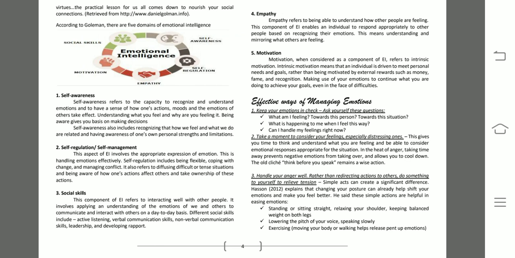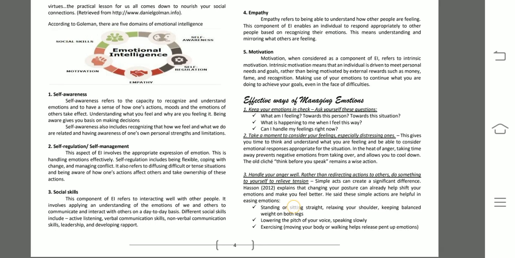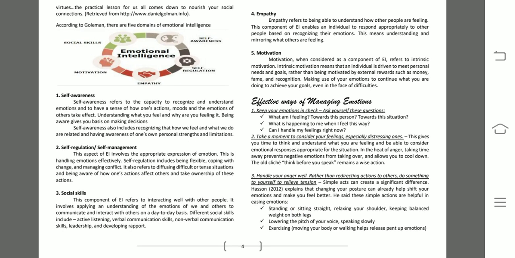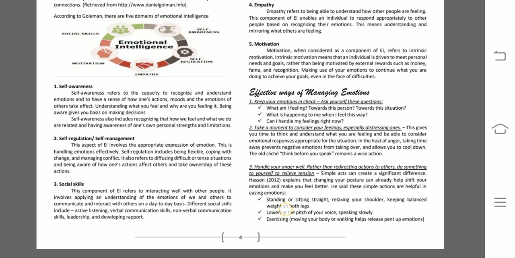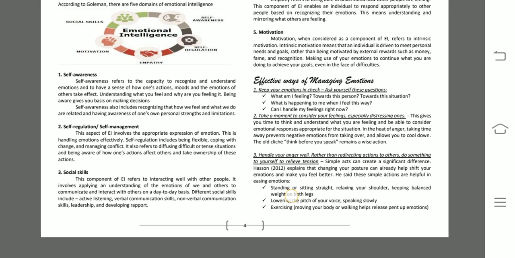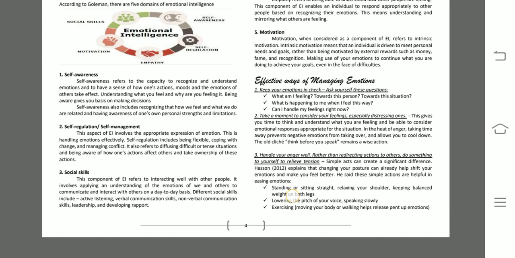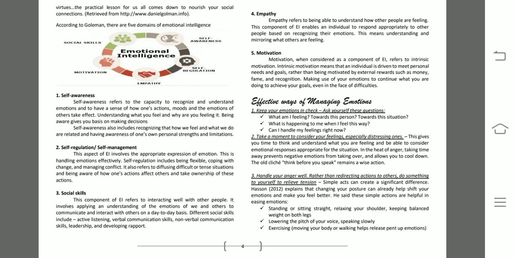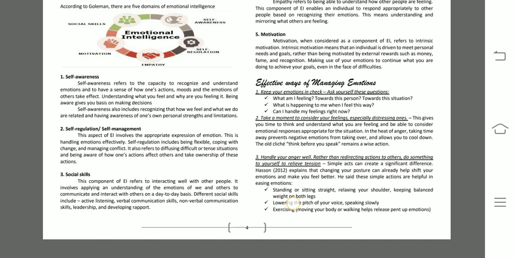So, number 3 is the social skills. Okay? Social skills refers to interacting well with other people. Dito sa social skills, ipinapakita yung involvement when it comes to applying your understanding about your emotions and to other people. Di ba?